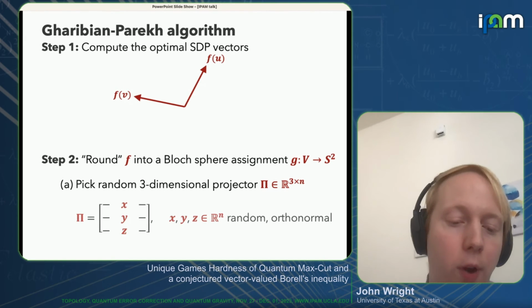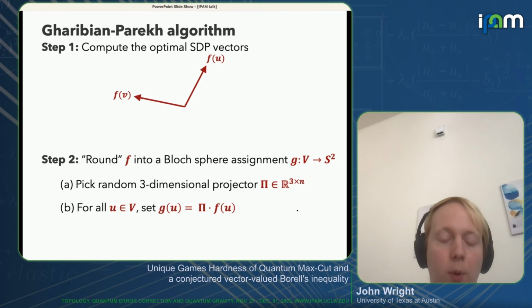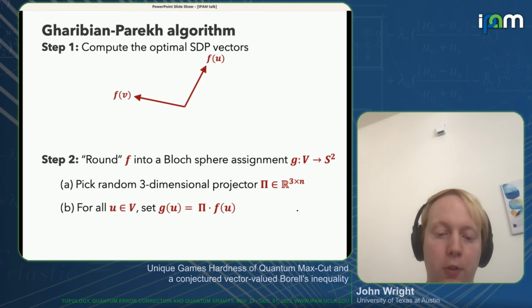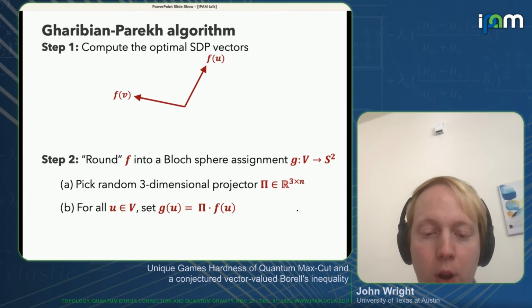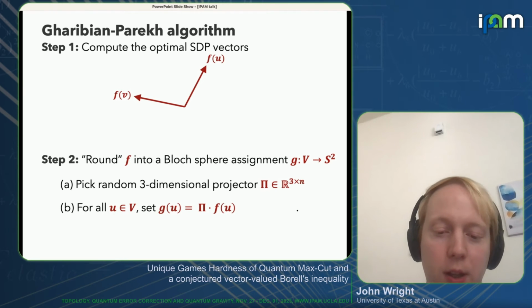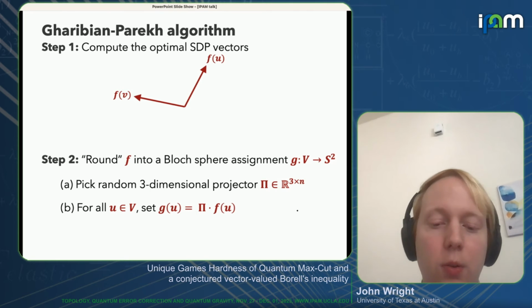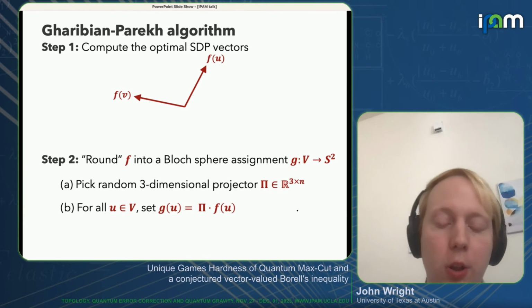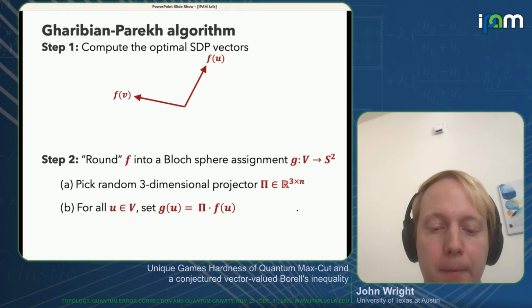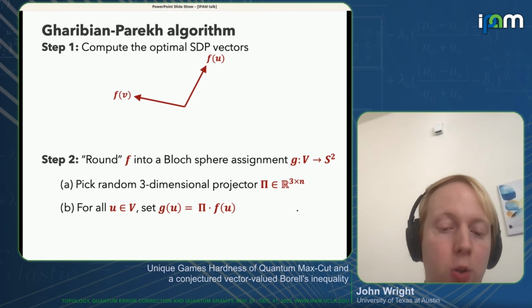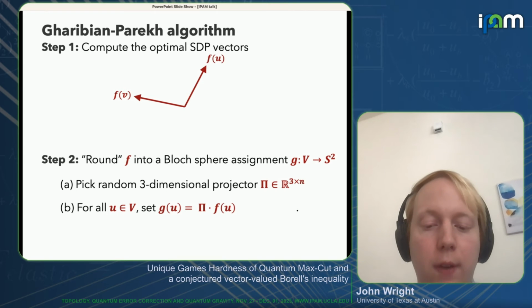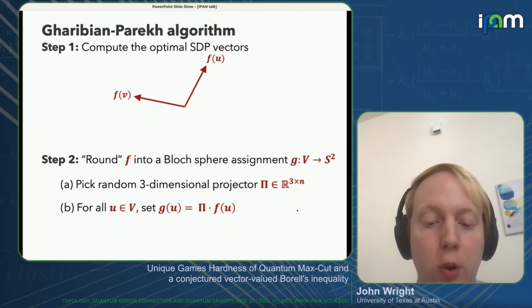Then for every vertex in the graph, we set the Bloch sphere assignment, g of u, to be what we get when we take our vector, f_u, and project it down to 3 dimensions using pi. Except, for a Bloch sphere assignment, we always need to output a unit vector. And this thing may not be a unit vector, so the last thing we have to do is normalize it.